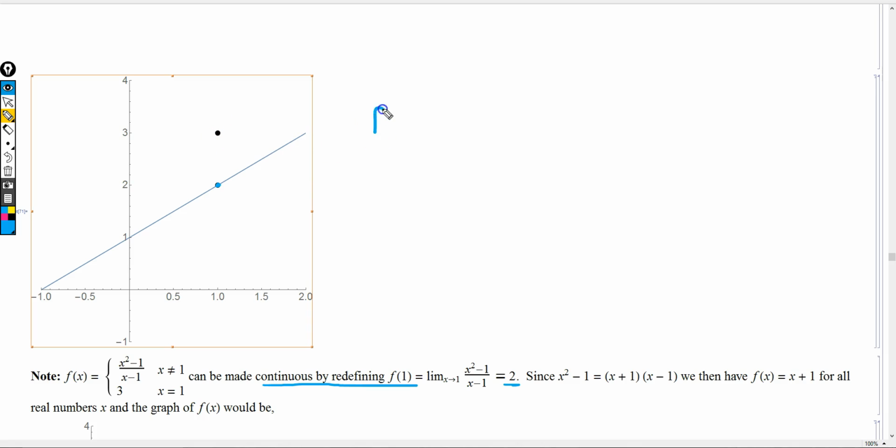Instead of defining f of 1 to be 3, as was defined in the function, if we had said f of 1 were equal to 2, then this function would have been continuous. That would have been like moving that dot right down there and filling in that hole. We're going to call that type of discontinuity a removable discontinuity, and we'll state that precisely down here.